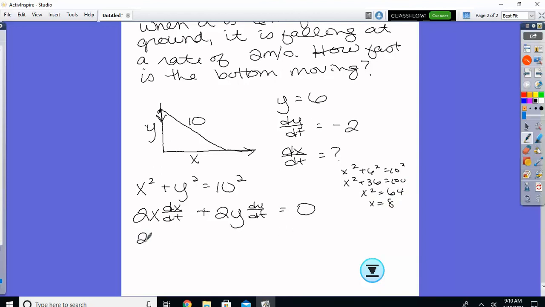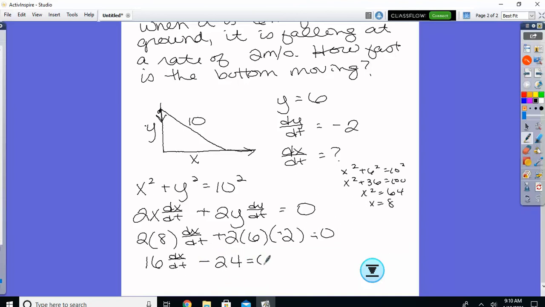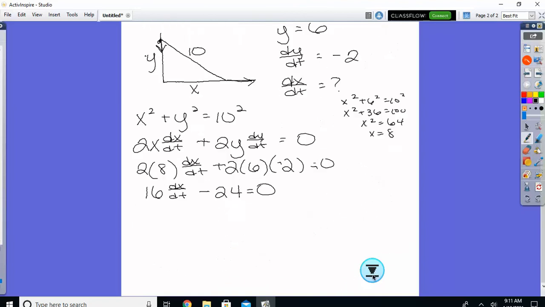So then if we plug in 2 times 8 dx/dt plus 2 times 6 times -2, my dx/dt would be 3/2.